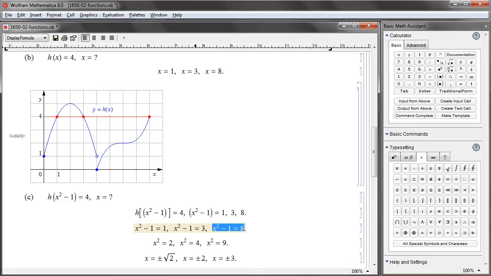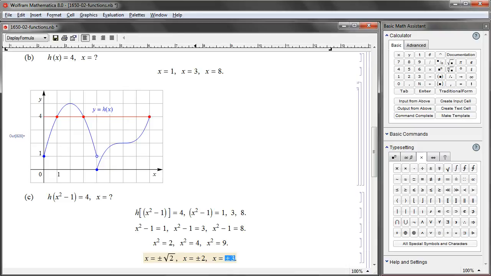We have 3 quadratic equations, and each quadratic equation will give you 2 solutions, so we have 6 solutions in the end. x squared is 2, so we have plus or minus square root of 2. Then x squared is equal to 4, so we have plus or minus 2. x squared is equal to 9, so we get plus or minus 3.